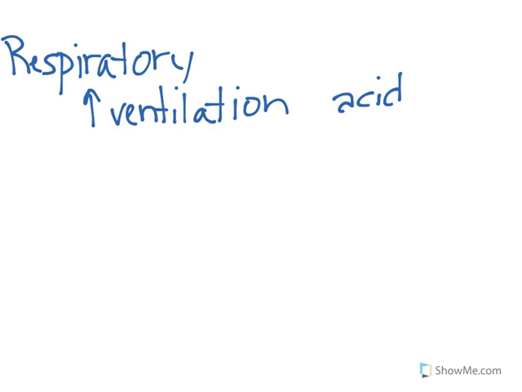Okay, so let's do a quick recap of respiratory and renal compensation. So respiratory compensation, you have an increase in ventilation in response to a metabolic acidosis, because respiratory compensation does not apply for any respiratory acid-base disorder, because that's the primary dysfunction.